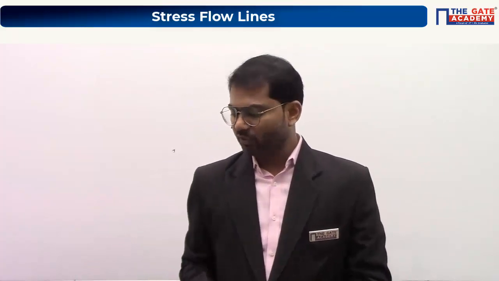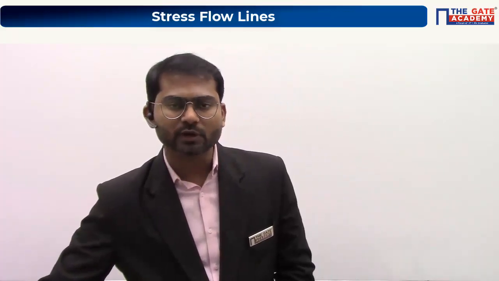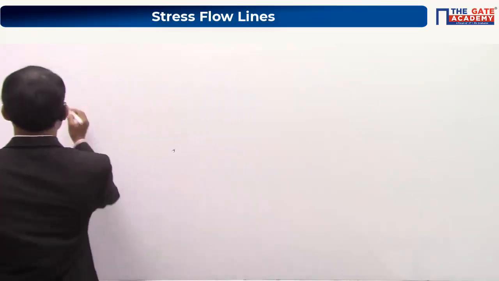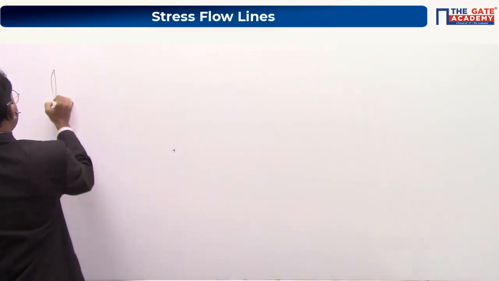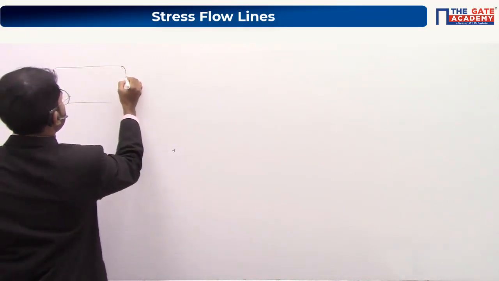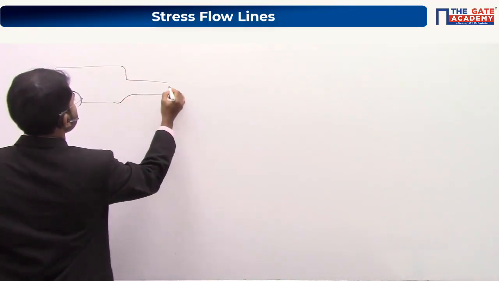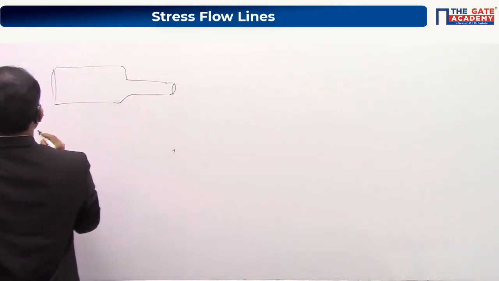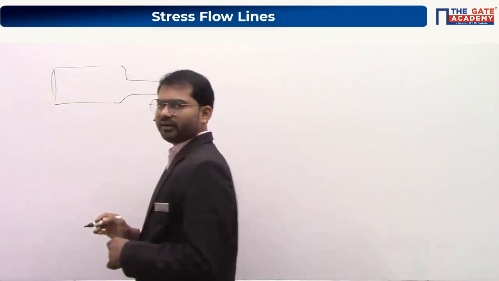Okay, everybody. So stress flow lines. Before coming to stress flow lines, I would like to explain velocity flow lines, which is very simple to understand. Imagine there is a pipe. The pipe is like this. It has a larger area here and a smaller area here. Now liquid is flowing.